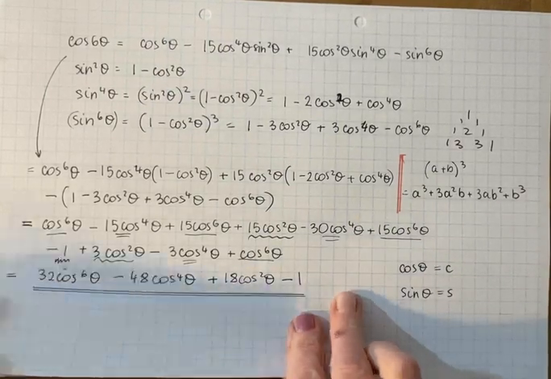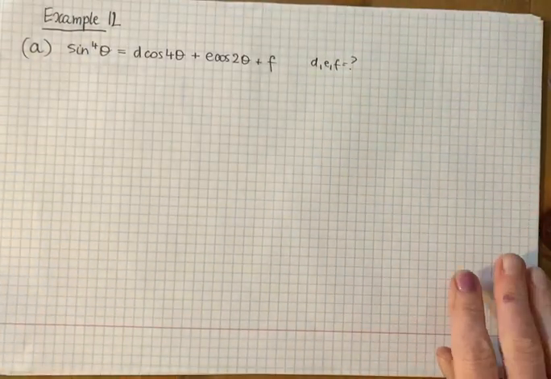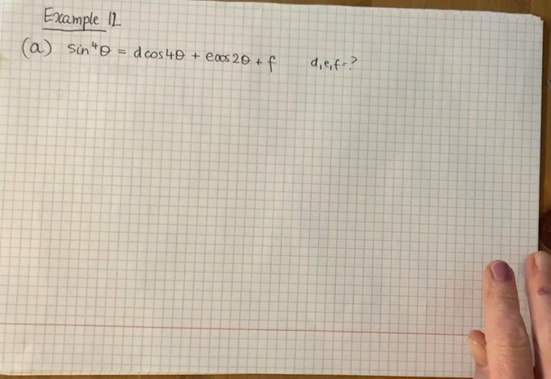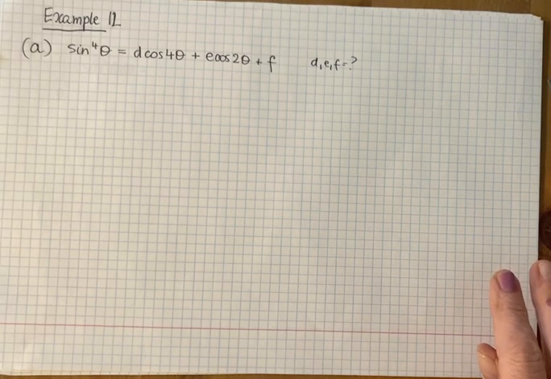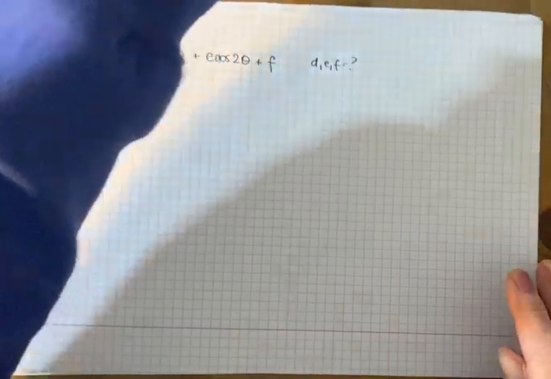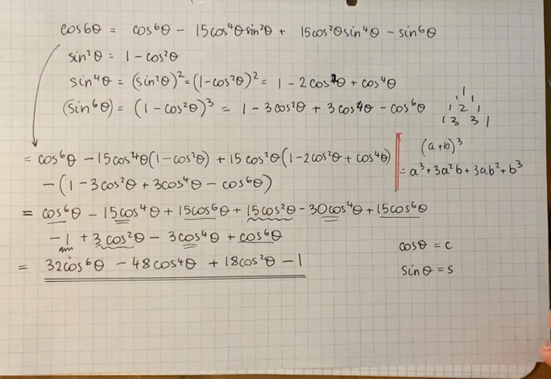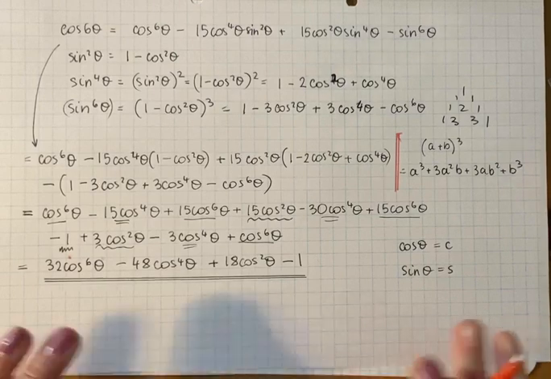Okay, so the next one is example 12. Because it's better to split it into sections, normally I ask students to have a go at questions of that type first.